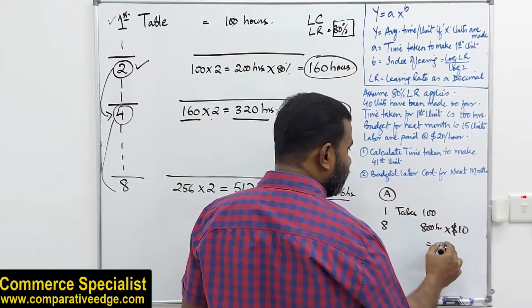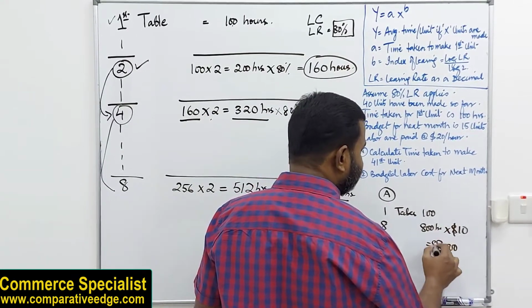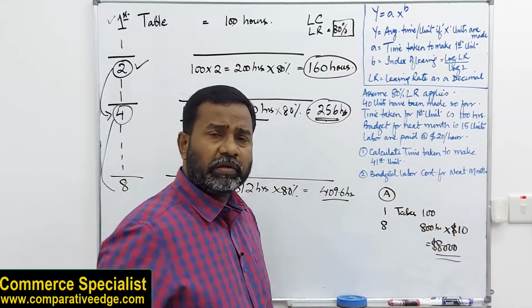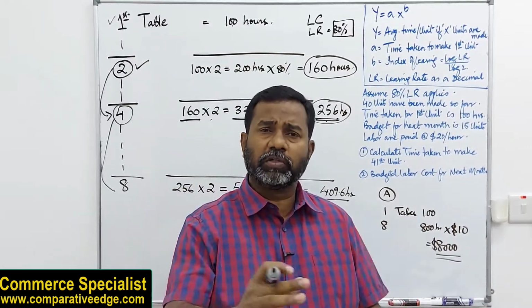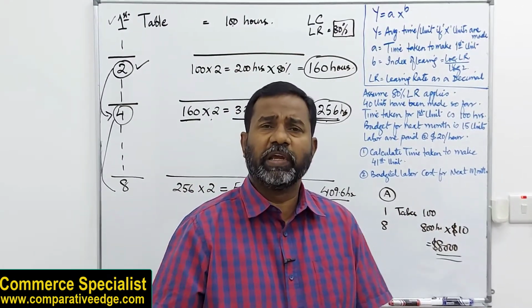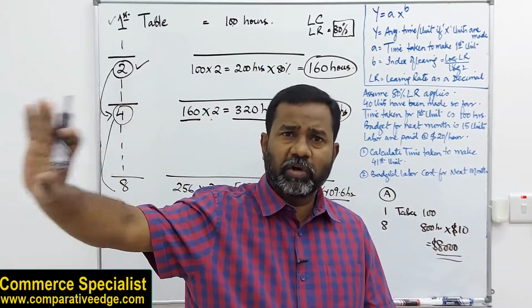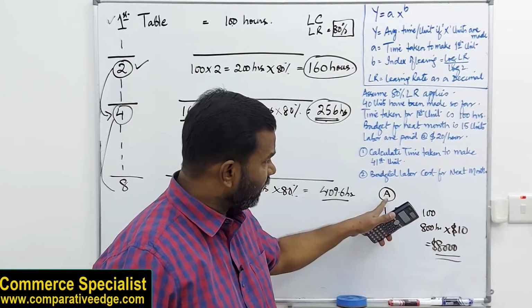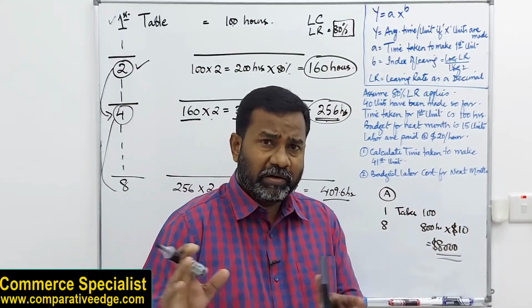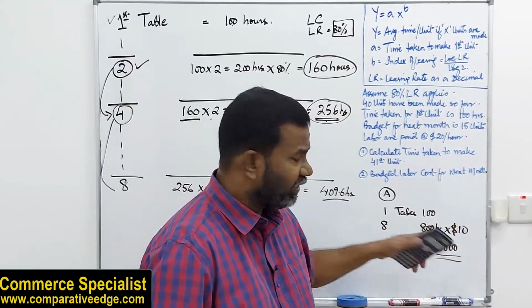So the total labor cost will be $8,000. This is what they will include in their costing for cost of making 8 tables. We are not talking about material and overheads, keeping them constant. Only labor cost, company A, without understanding that learning is taking place, will be quoting 8,000.